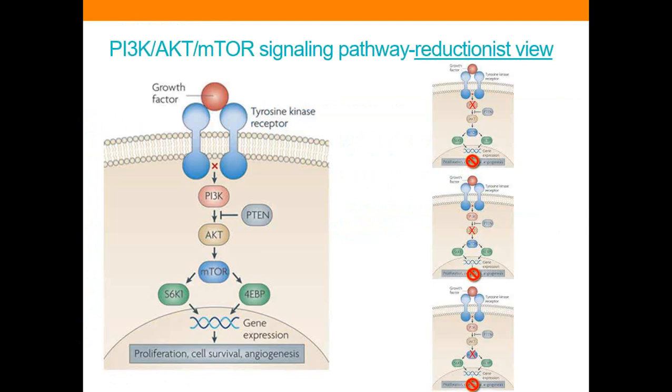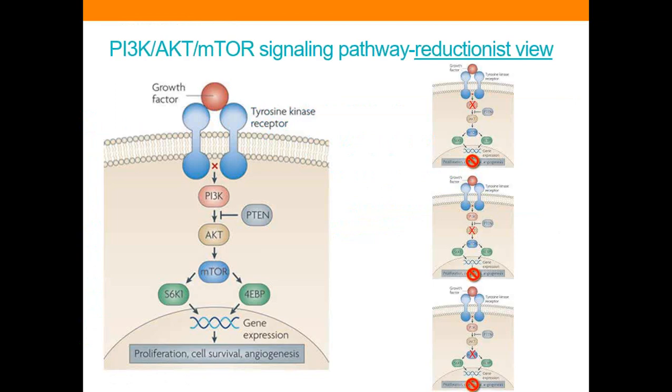But when you look at it in a more holistic fashion, you go beyond this very limited view that we always have when we say, well, we're going to target the expression of this particular gene because it's mutated, or that particular gene, or this receptor on the surface.